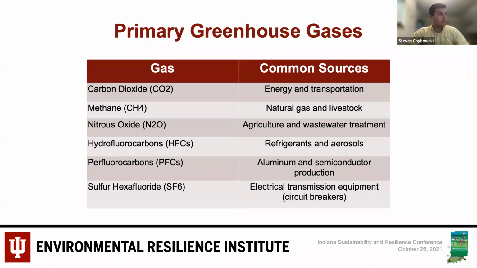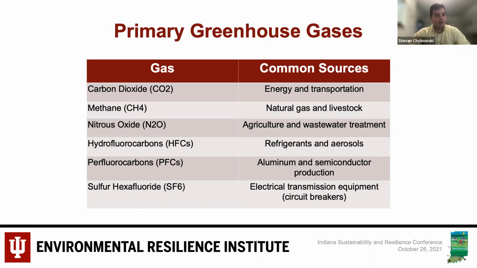But just to give you some sense of what these gases are, we're looking at carbon dioxide, CO2, which primarily comes from our energy generation and transportation sectors. Methane, which is CH4, and that largely comes from natural gas use and livestock. Nitrous oxide, or N2O, that comes from agriculture and wastewater treatment generally.